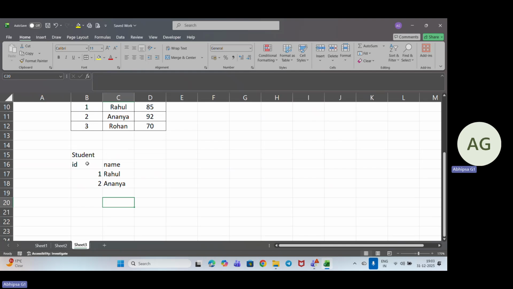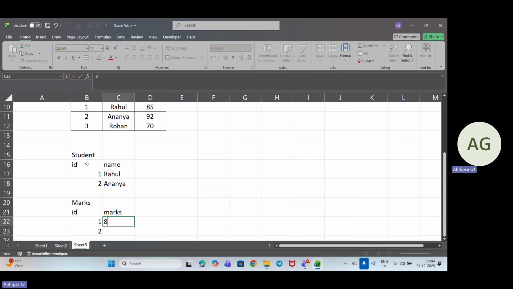And about marks, here again I'll take ID and marks. Here I'll take 1, 2, and any marks, I can take 85, 92, any of them.